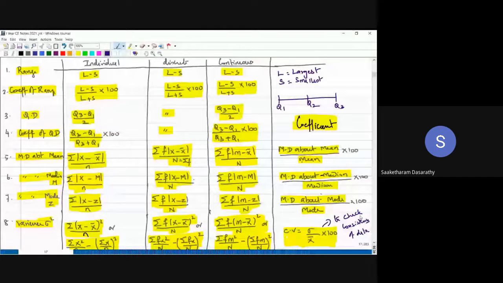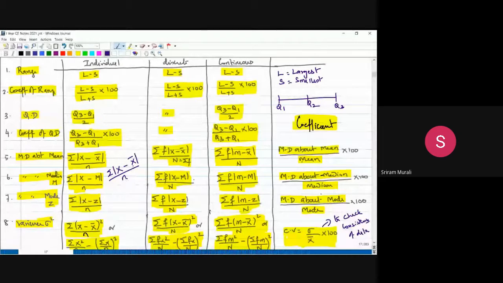Coefficient of QD is Q3 plus Q1 in the denominator, and the QD itself is Q3 minus Q1. The same formula I'm extending for all discrete and continuous cases. Mean deviation about mean: first I should take x, then x bar, then find the difference and take a modulus, because deviation can be plus or minus. Add this, divide by n.